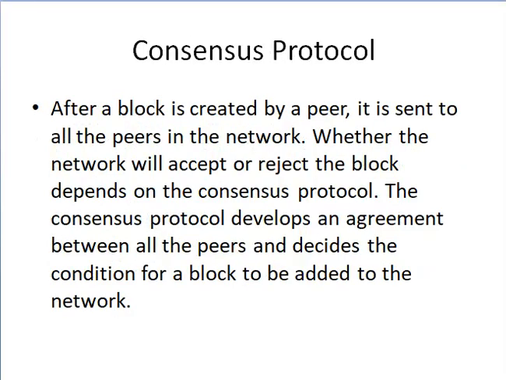Then we come to the consensus protocol. Consensus protocol is used for updating a block into the blockchain, and whenever we want to add a new block, the network, that is the network of people who have the copy of the blockchain, will decide whether the new block will be added or not.